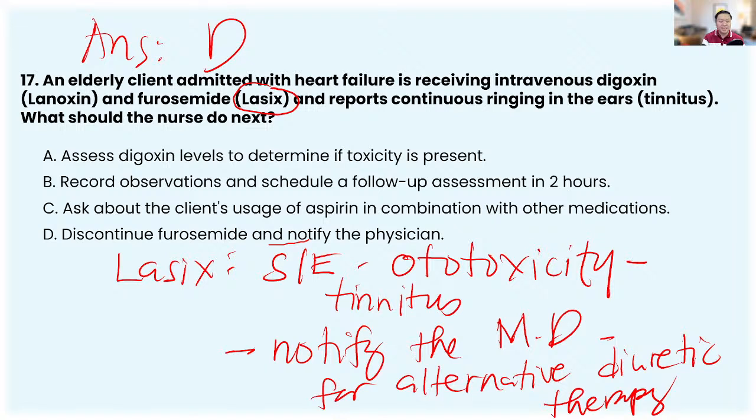If we answered letter A, assess digoxin levels to determine if toxicity is present: digoxin toxicity is not associated with tinnitus. No, never. So we are going to eliminate that one right away. That's an easy one. Record observations and schedule a follow-up assessment in 2 hours. No, you don't need a reevaluation here. Once the patient develops tinnitus, if they have been taking the Lasix, discontinue that and report it to the medical provider.